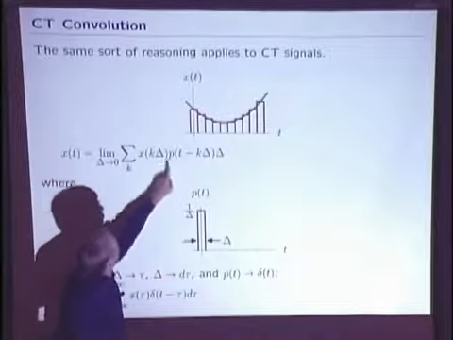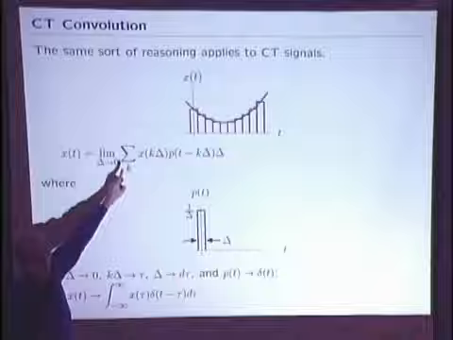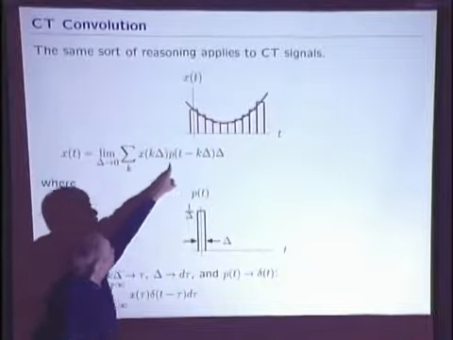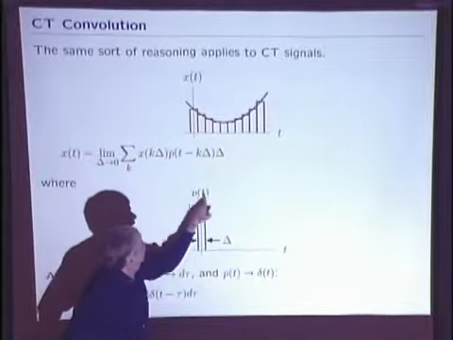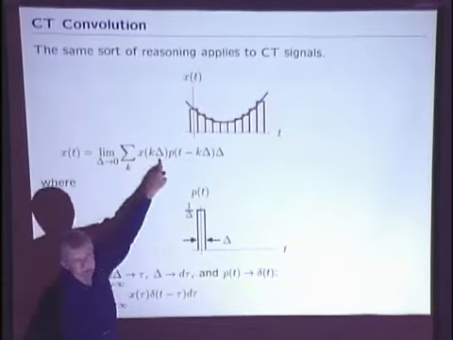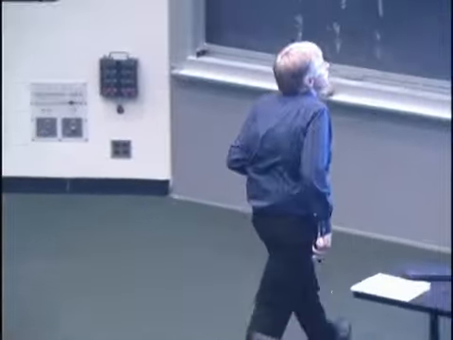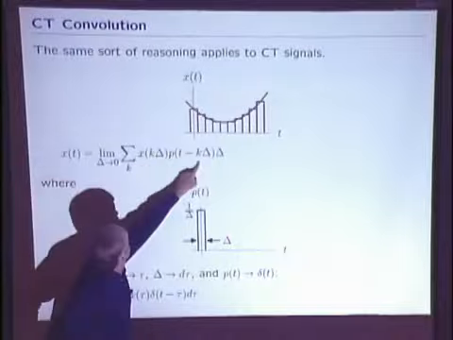Then if I want to build an arbitrary function x out of such signals, I need a sum of them. And each one of these pulses has to be multiplied by delta, so that when I multiply by the value of x at one point k delta, I get the right height, independent of what delta is. So for a given delta, I get a sum that looks like that.